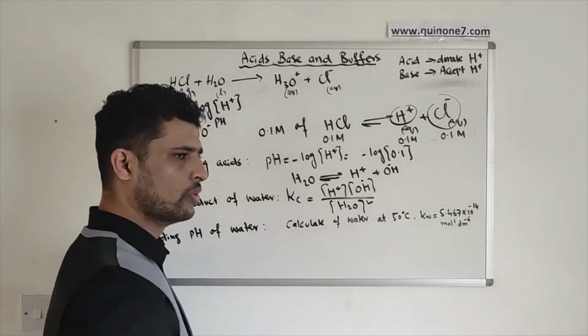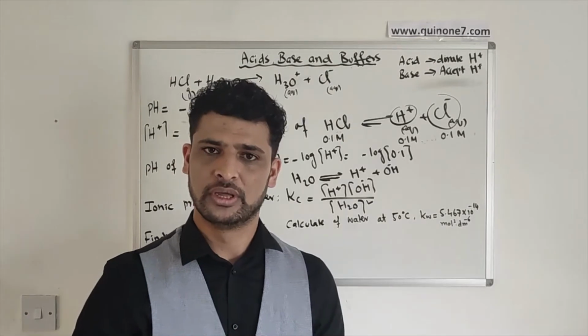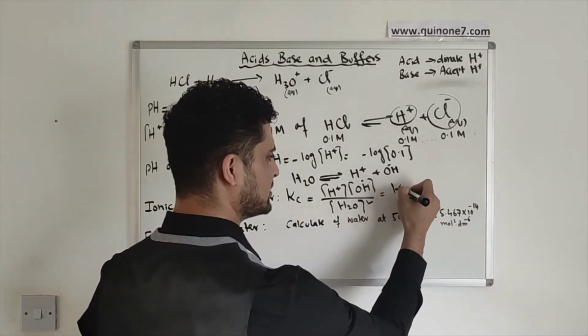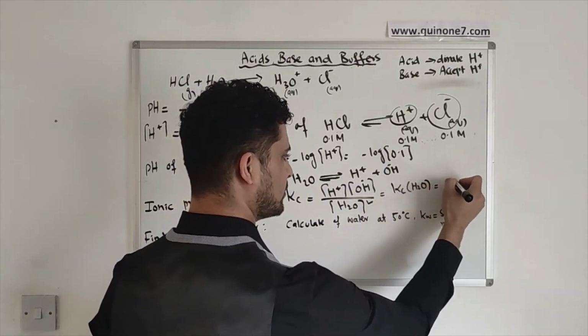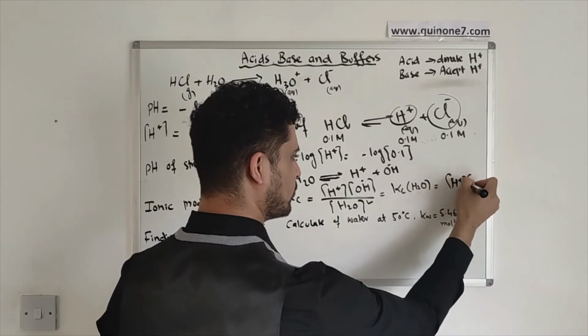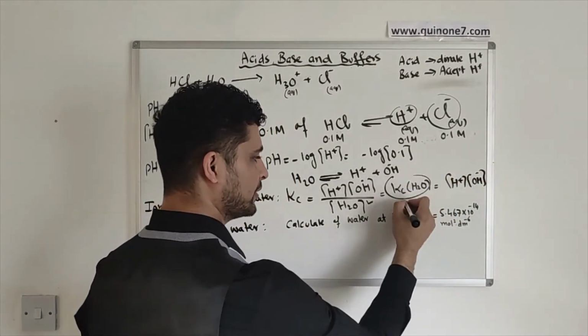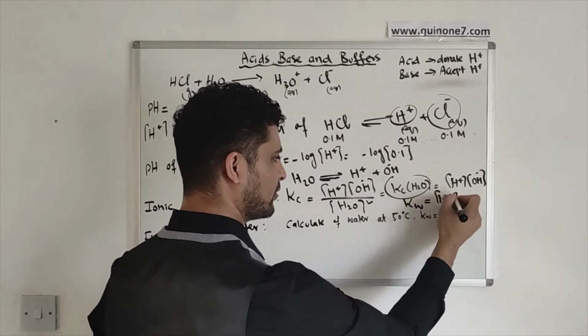Because the concentration of H2O is very large, we will create a new equilibrium constant. So we say Kc times H2O, you have H positive ion and OH negative ion, and that is converted into Kw, H positive ion and OH negative ion.